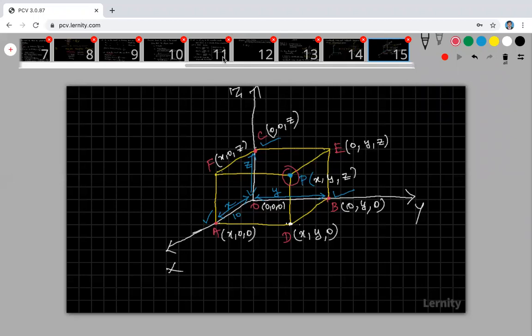My x is the distance between these 2 points, O and A, O and B is y, O and C is my z. That is a distance. The distance may be any value. Generally, we are speaking about the distance as x, y, z.